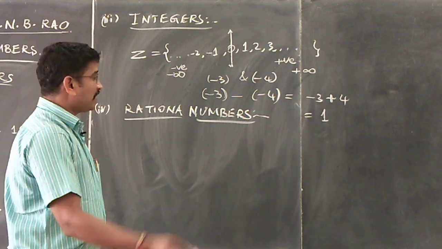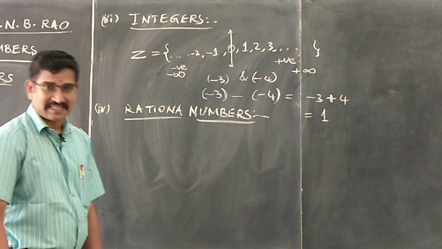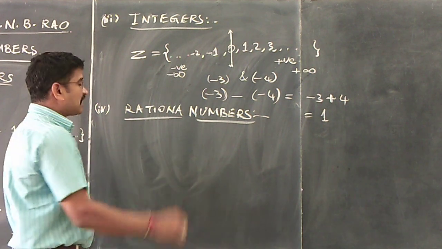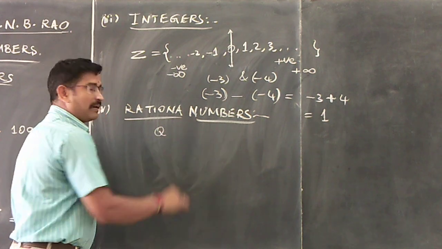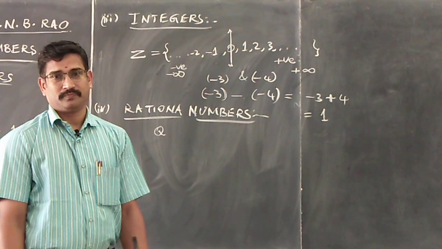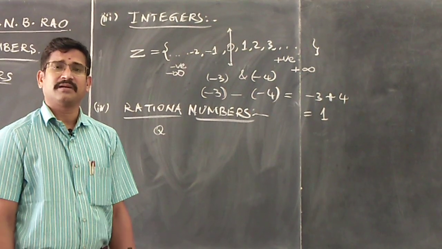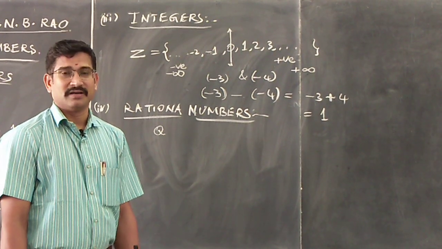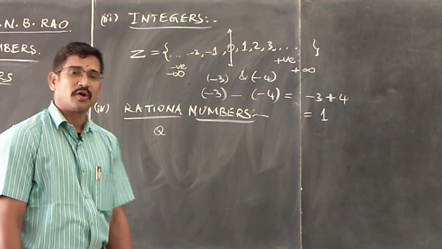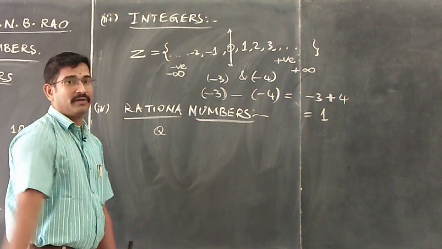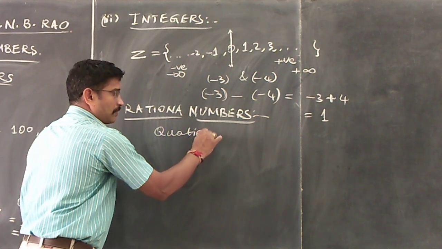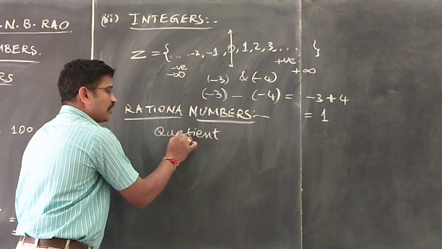Next to this, we have learned in our class 7 standard rational numbers. Children, rational numbers are represented by the letter Q. Why are these represented by the letter Q? It is just because rational numbers are also called quotient numbers. Why this quotient?